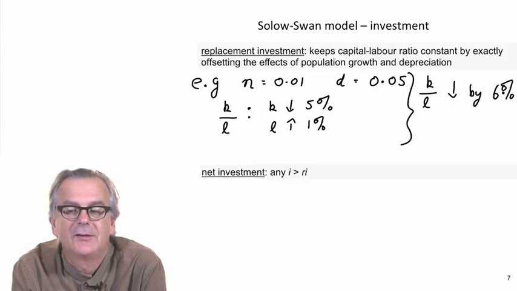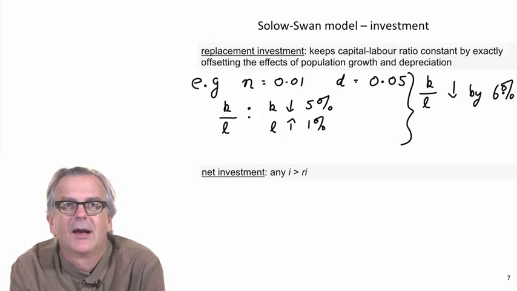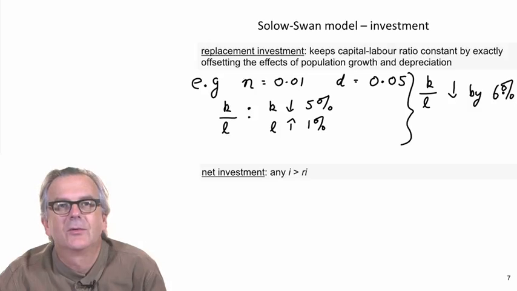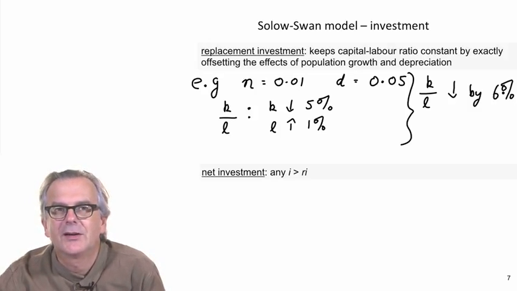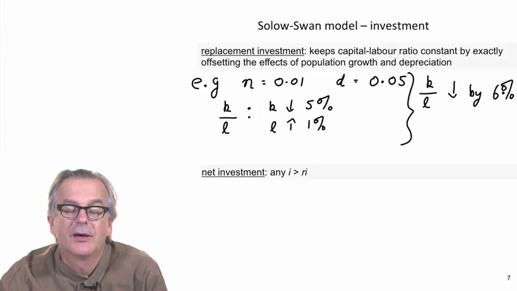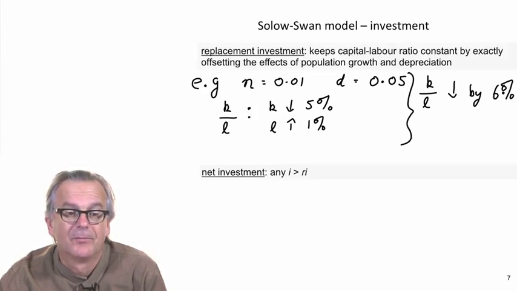First, replacement investment. As the slide indicates, when we speak about replacement investment, we're talking about firms undertaking expenditures by exactly the amount that will offset the combined forces of population growth and depreciation.